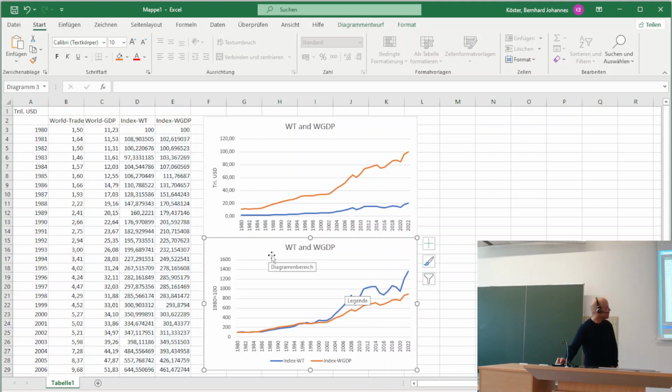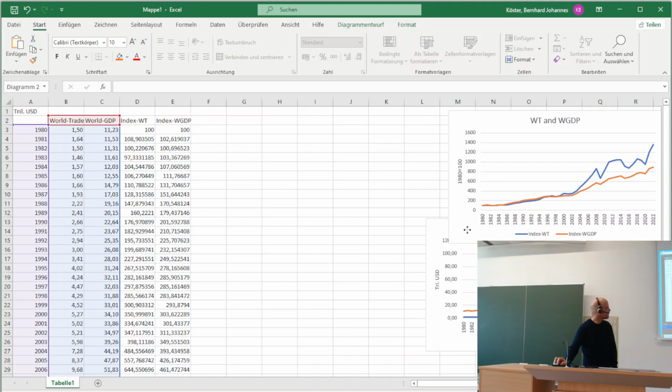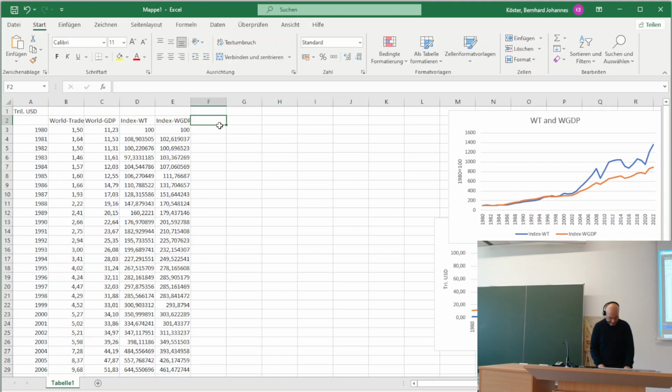Well, this is maybe just seen looking at this diagram, and in order to verify what we see here, then you could start and calculate just the growth rates of your two time series. So then world trade growth and world GDP growth.